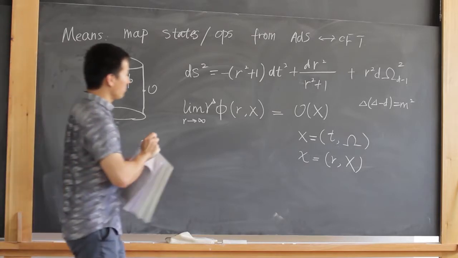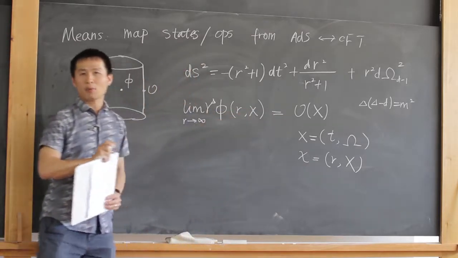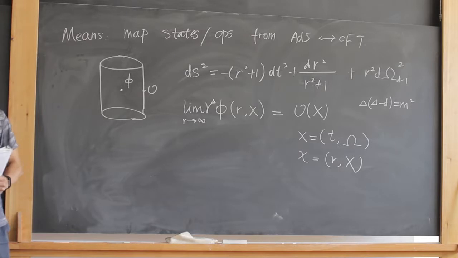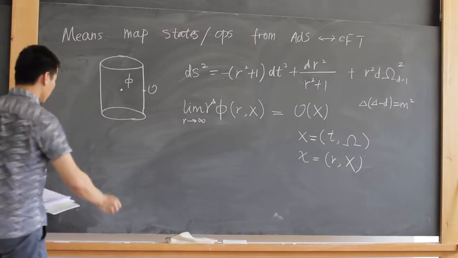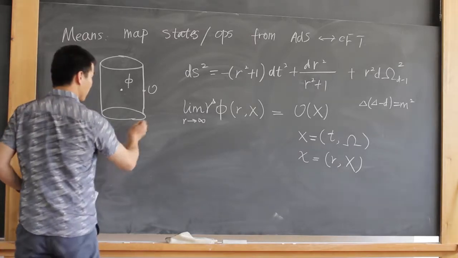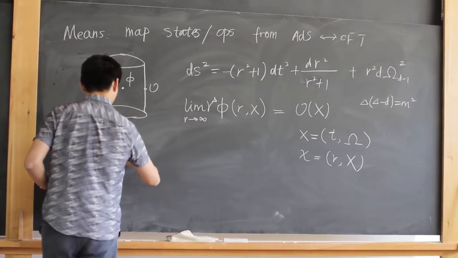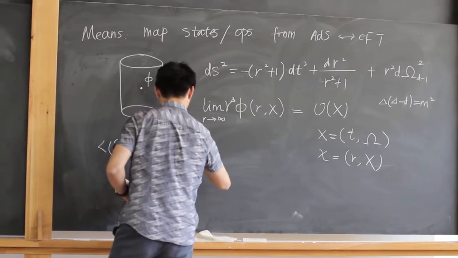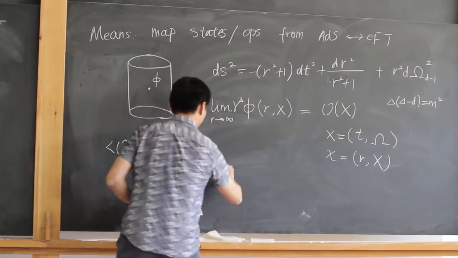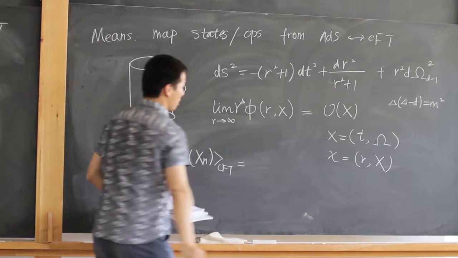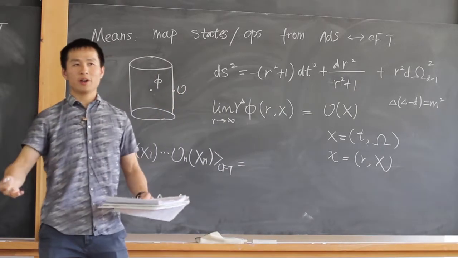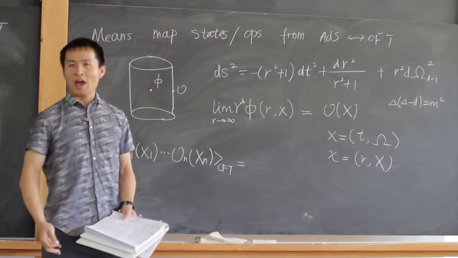So this is a very precise statement. It's an operator equation, and we can use it for many things. In particular, we can use this to calculate n-point functions of boundary operators in the CFT by calculating the corresponding bulk n-point function and taking this limit.